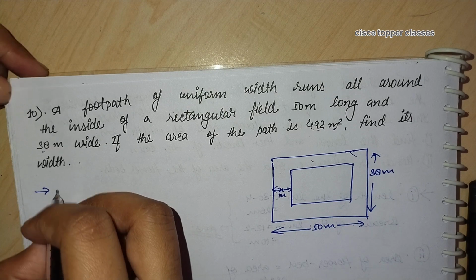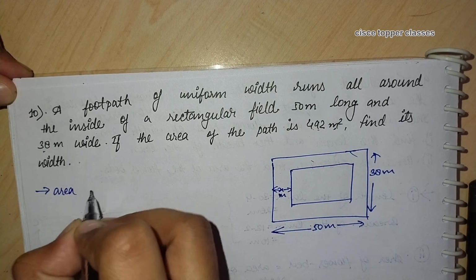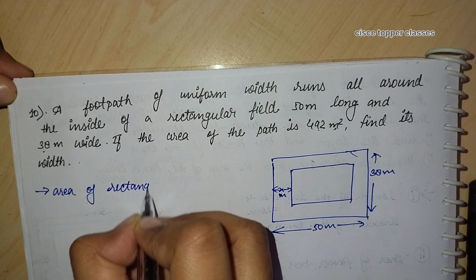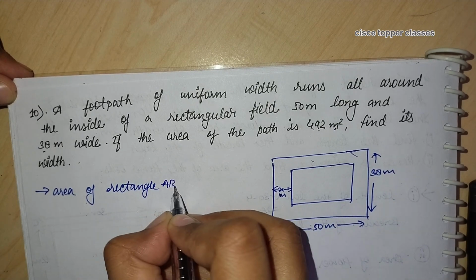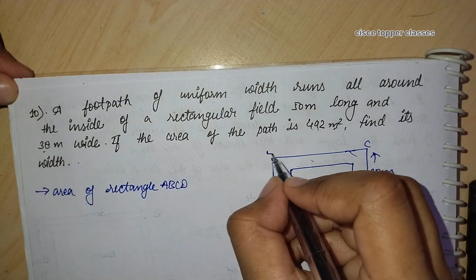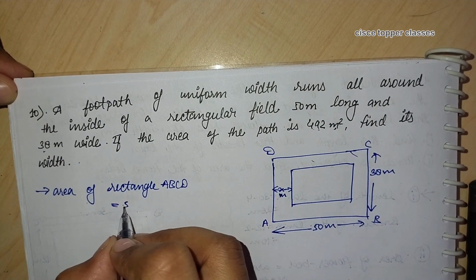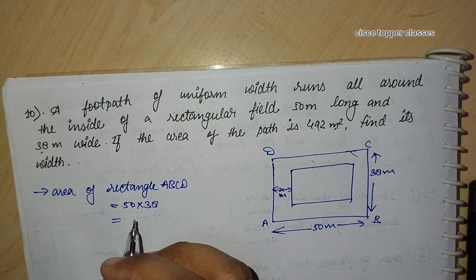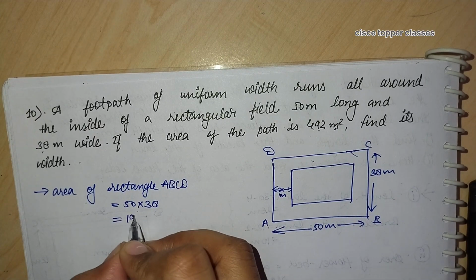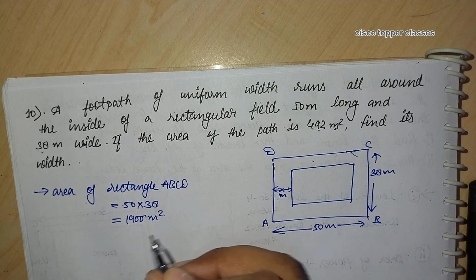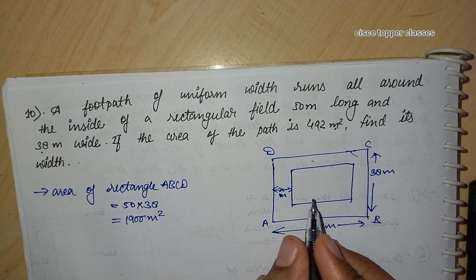So for finding the area of this rectangle ABCD, we can just multiply the length and breadth. Let this be ABCD, means this will be 50 into 38. So we can write this as 1900, means 1900 meters square is the area of this rectangular field.